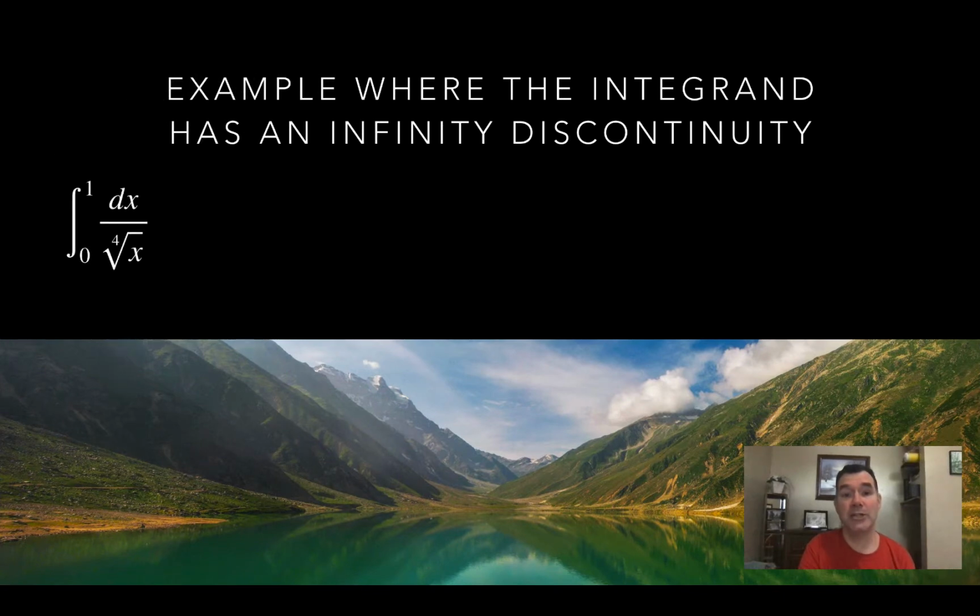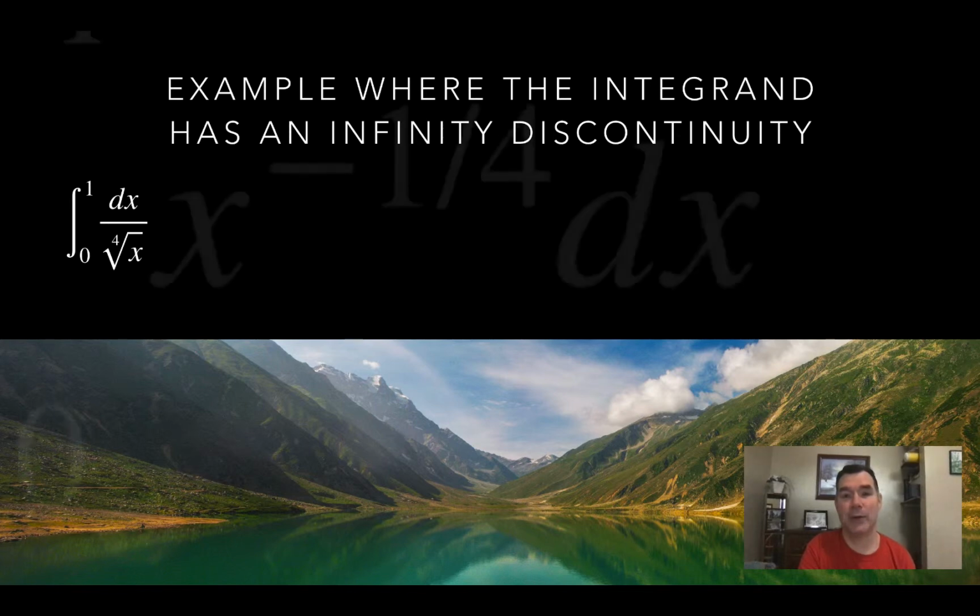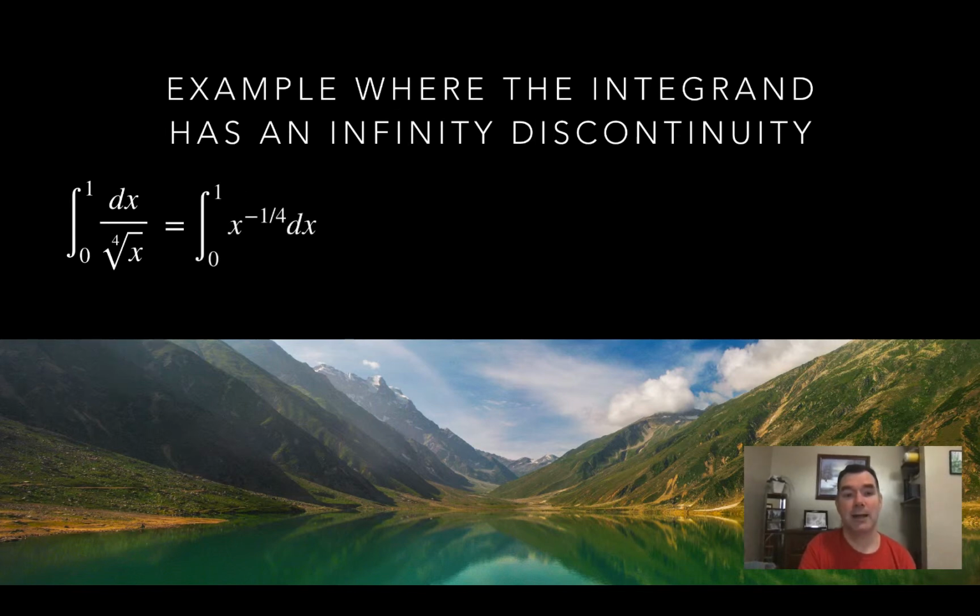All right, so here's an example where the integrand has an infinite discontinuity. So if I'm going from 0 to 1, and the function is 1 over the fourth root of x, well, 1 over the fourth root of x doesn't actually exist at 0. It's undefined.